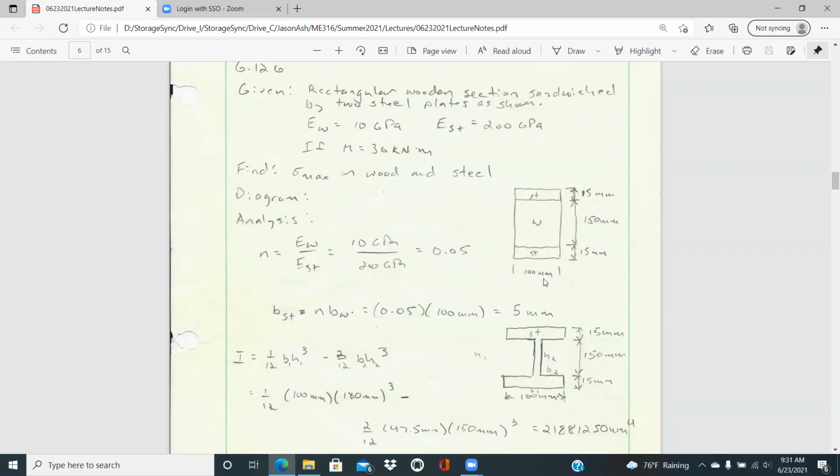And originally they're both 100 millimeters wide. And so what we want to do, given the Young's modulus of both materials, and if there's a moment applied of 30 kilonewton meters, we want to find sigma max in the wood and the steel.